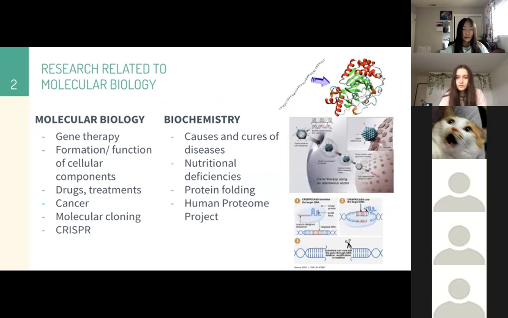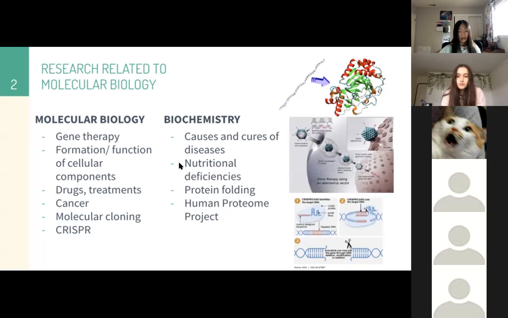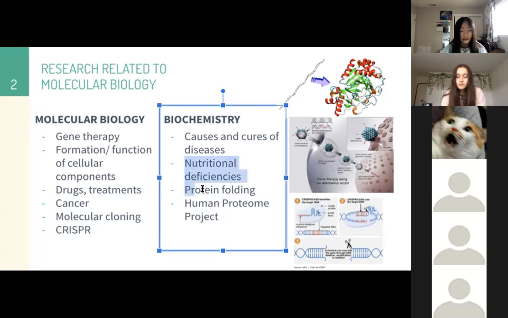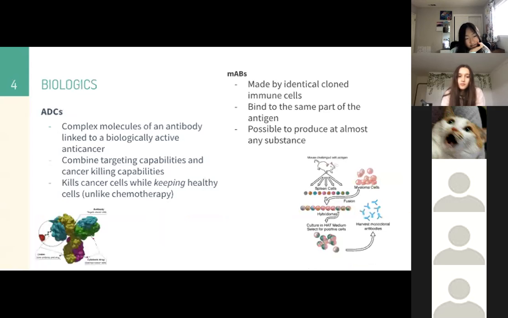Biochemistry is more about the chemical aspect of things, like causes and cures of diseases, which is related to molecular biology in general, but more specifically we can go over nutritional deficiencies, protein folding, and the Human Proteome Project, because those are all specifically molecules in chemistry.